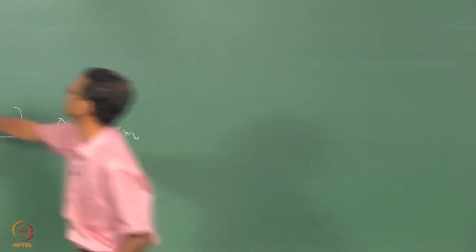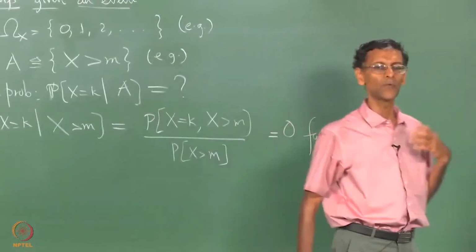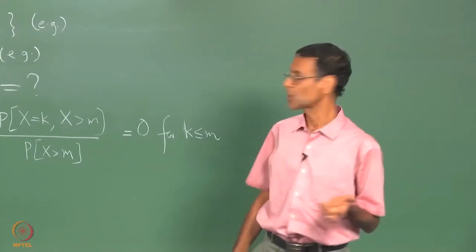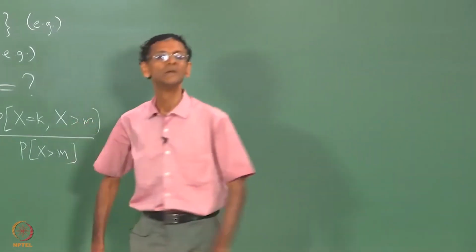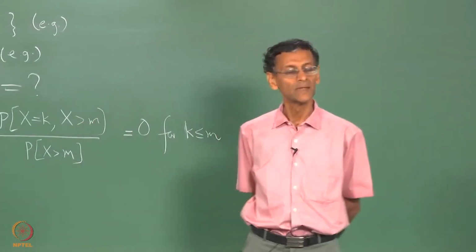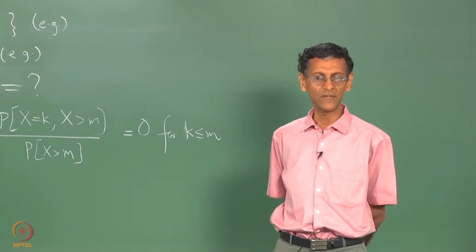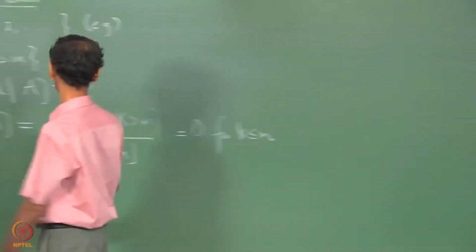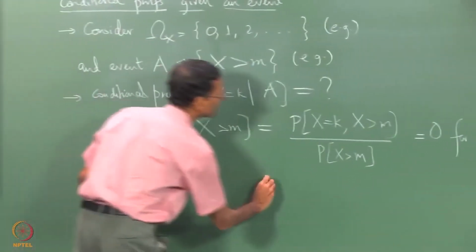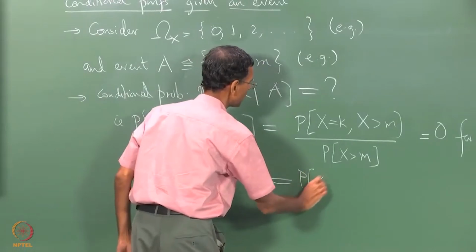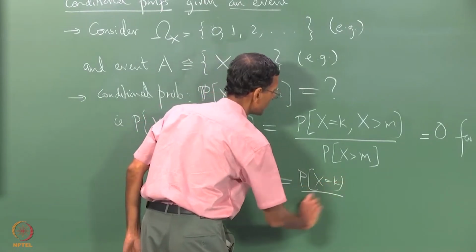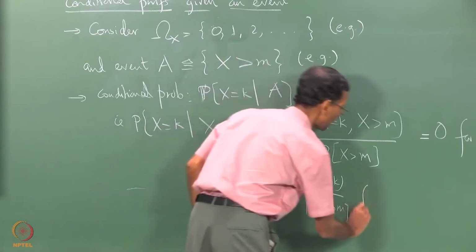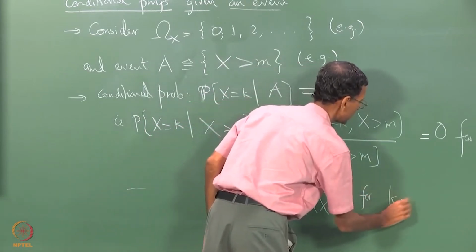You are considering only one possible value, so that is obviously a subset of the event A. The event x equal to k is a subset of the event x greater than m. So this will simply be the probability of x equal to k divided by the probability that x is greater than m, for k greater than m.